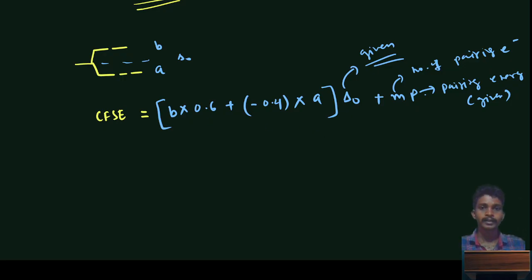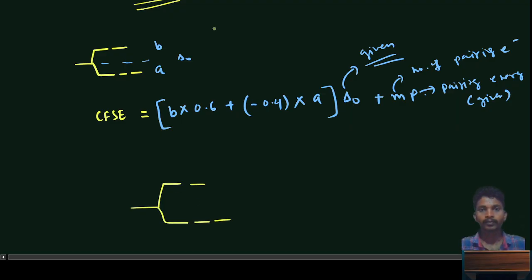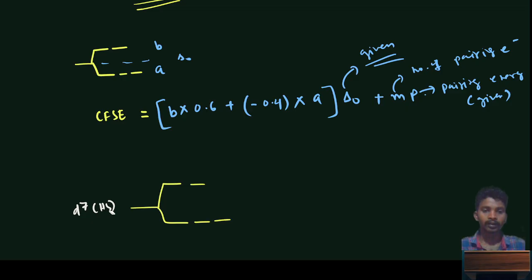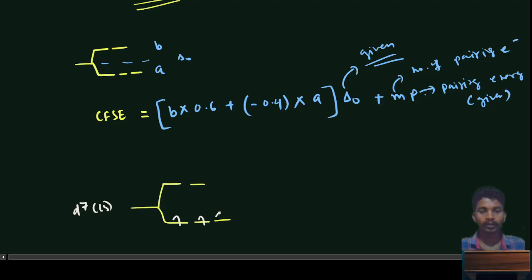Let's say I have the case of D7. D7 high spin is one case. For D7 low spin, I will do the pairing: 1, 2, 3, 4, 5 and 6.